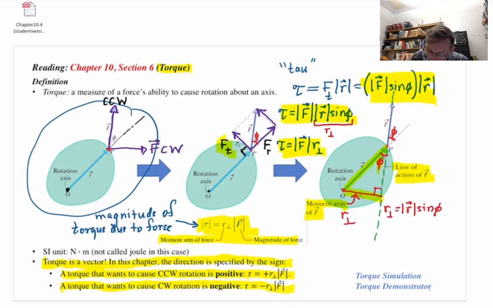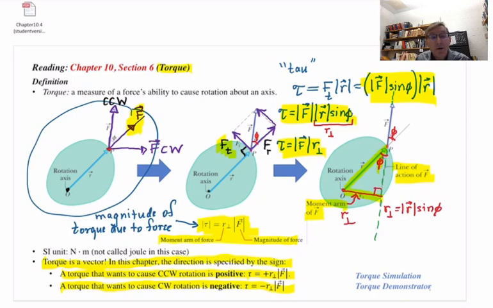If the force is directly along the line of R, like that, you get no rotation at all. You see why? Because you have no moment arm. The line of action of that force passes right through the axis of rotation. So there is zero distance from the axis of rotation to the line of action. You have no moment arm for a force like that.